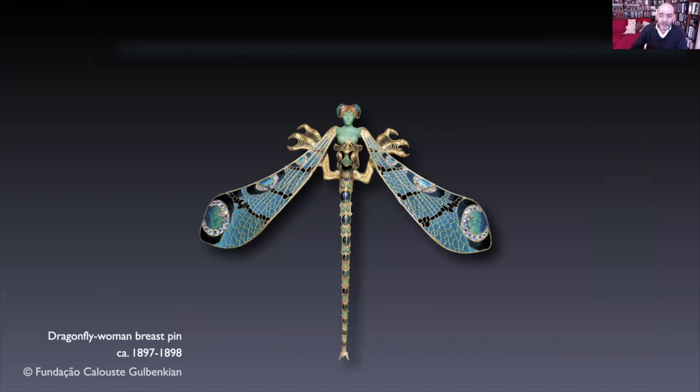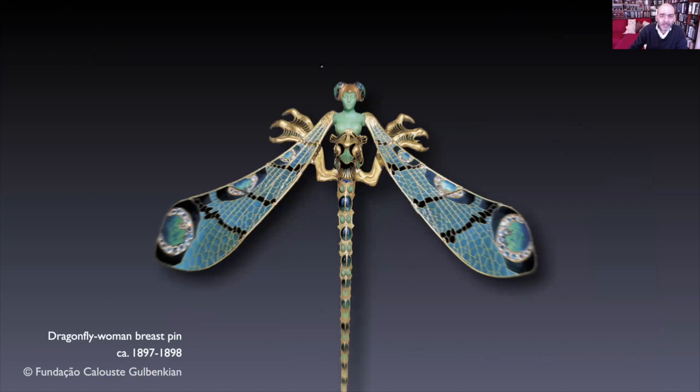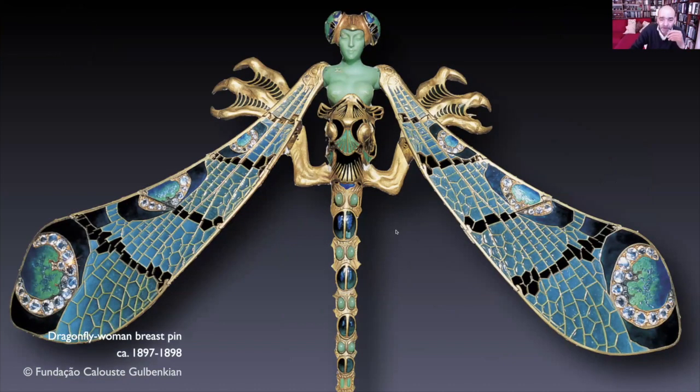And we see here, let me see if I can zoom in for you. You can see the quality and the size of the chrysoprase. And also here we have little cabochons of chrysoprase. And she has a Princess Leia hairstyle, but those are enamel, not headphones. Those are enamel, like we see here on the wings.